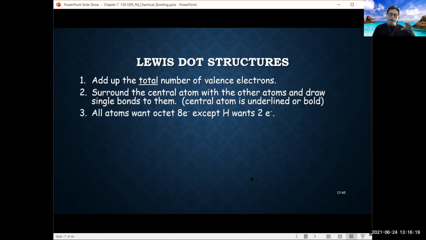Once we count up the valence electrons, we figure out who's bonding around the central atom. We can start making bonds, and we account for all of the bonds and all the valence electrons. After we set that up, we check to make sure that all the atoms have the octet fulfilled, except hydrogen. Hydrogen will always have 2 electrons around it. It can't have 8, so only 2 electrons.